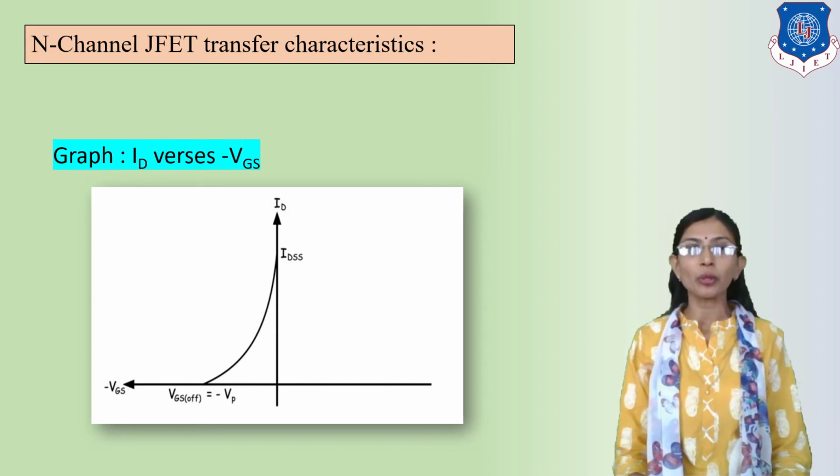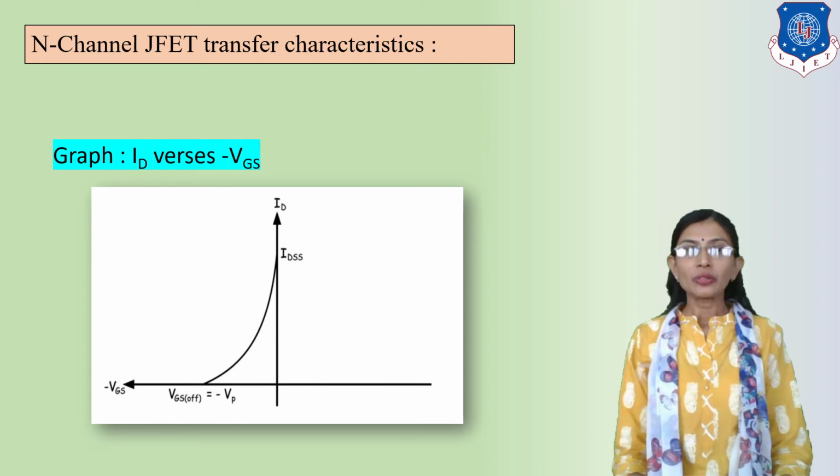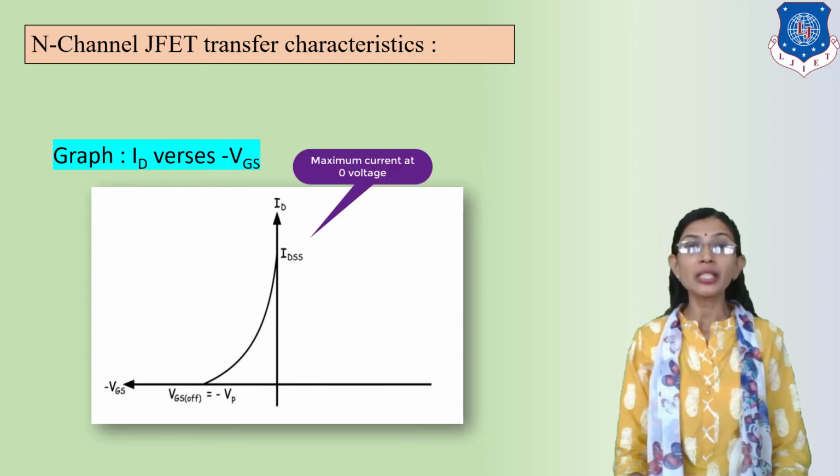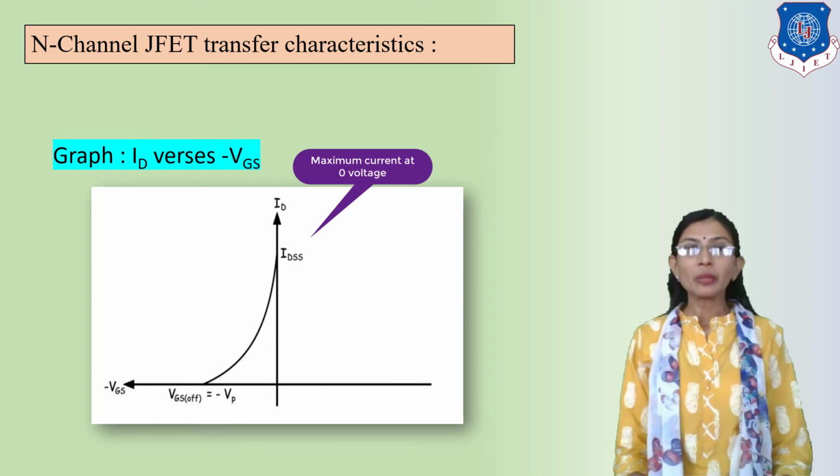You can see that from the graph. Initially, when VGS is equal to 0, look at this on the graph. At 0 voltage, we will have the maximum IDSS current, maximum drain current, because the channel width is fully available, because no VGS is applied, no reverse bias is there.